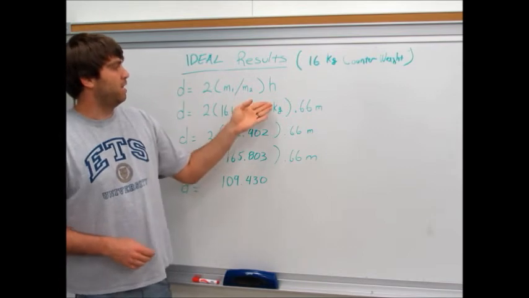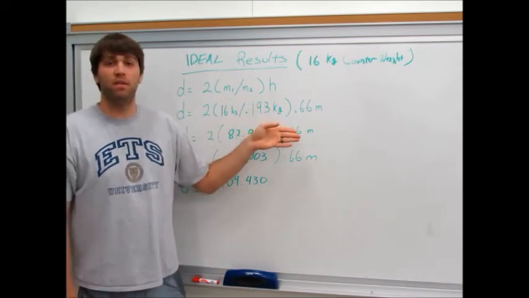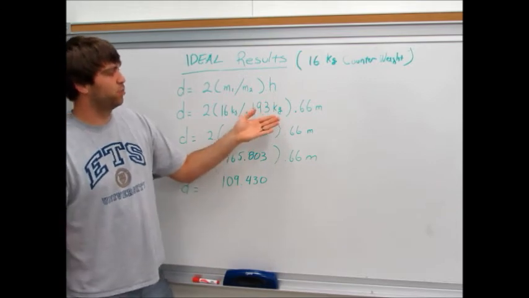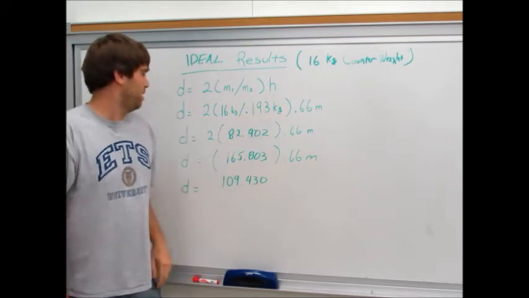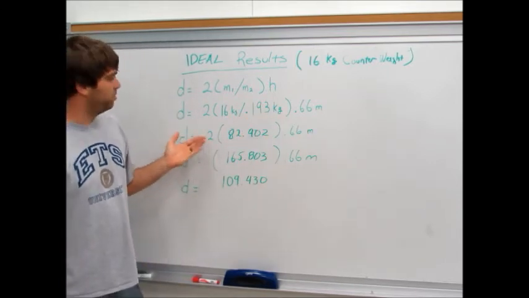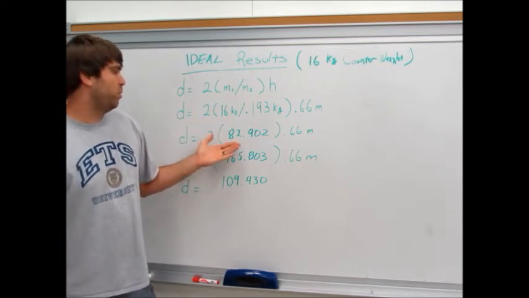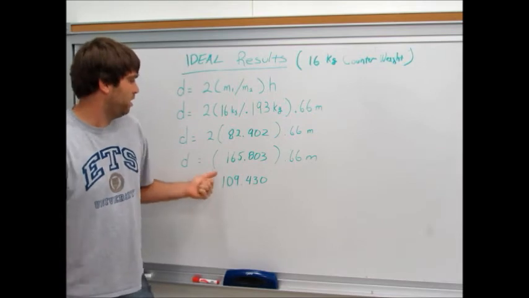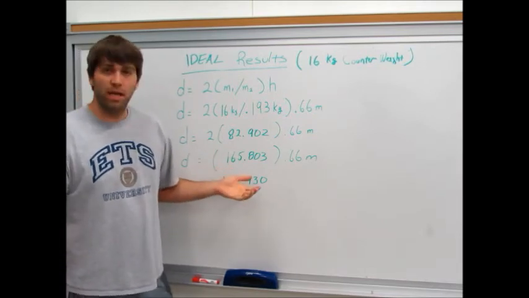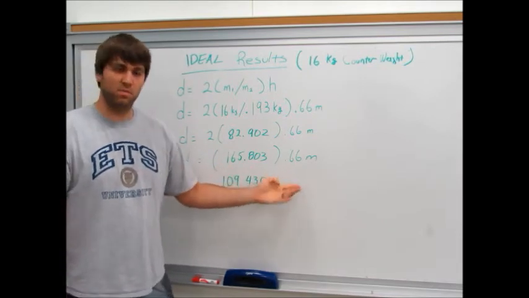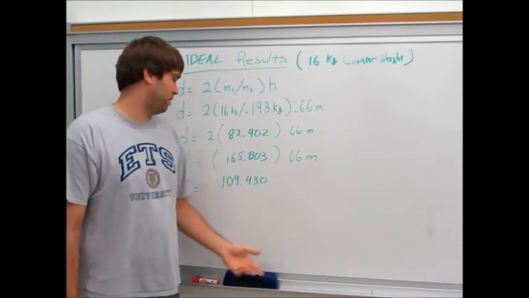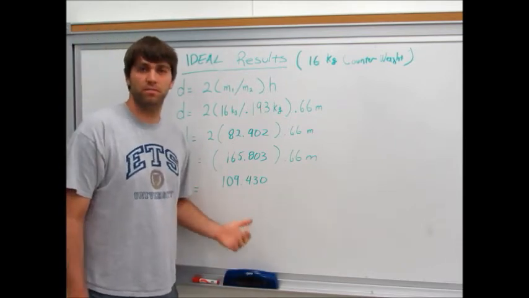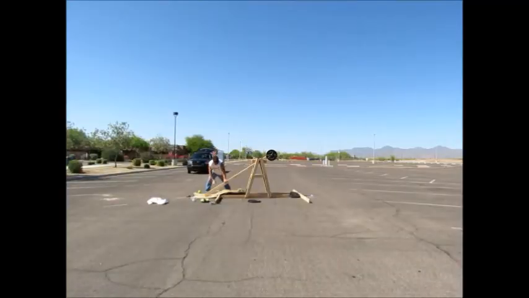And the height, h, is the distance the counterweight drops, which was 0.66 meters. Breaking it down, 2 times 82.902 times 0.66 meters is 165.803 times 0.66 meters, and we get a final distance of 109.430 meters.